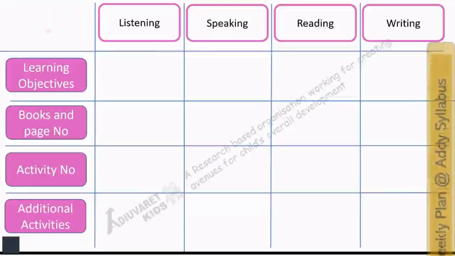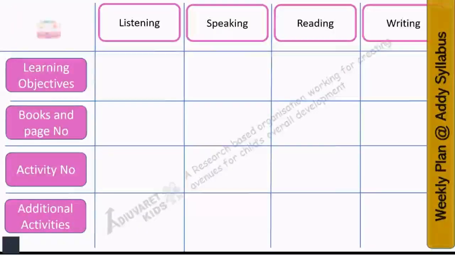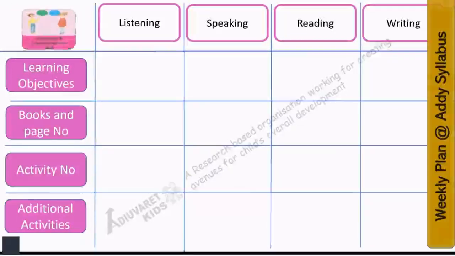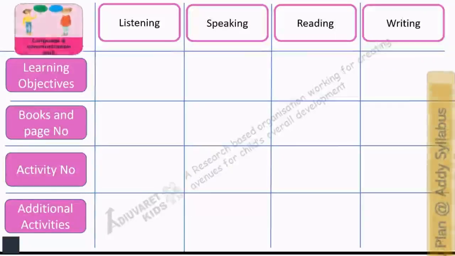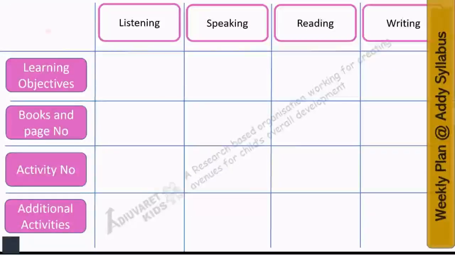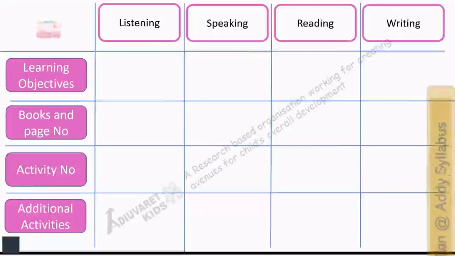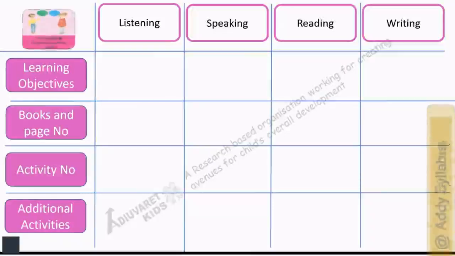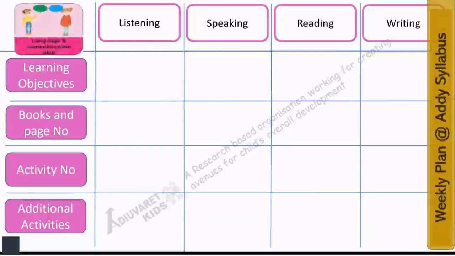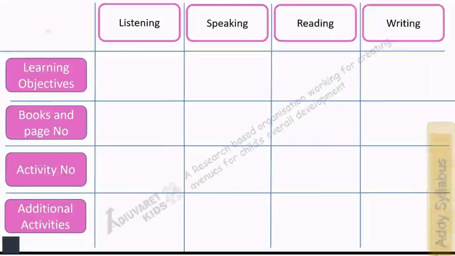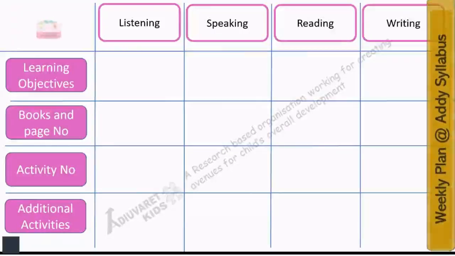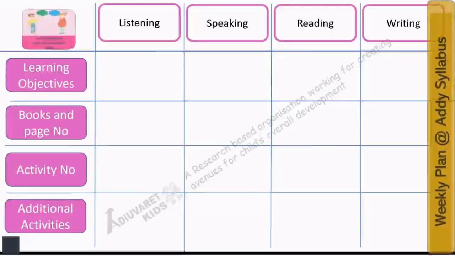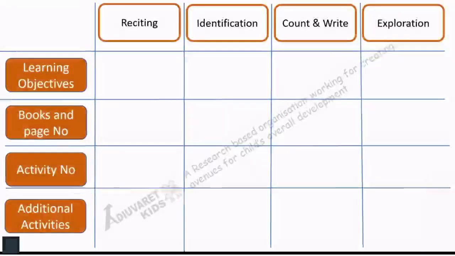Now, for that purpose, if you look at the weekly plan of the Varied syllabus, then you can find similar kinds of things defined for each and every week. For all the different soft skills, it provides learning objectives and activities, additional activities. So it gives a complete package to the teachers to realize what are the few things to be achieved as far as language and communication skill is concerned in this particular week for this particular group of children.